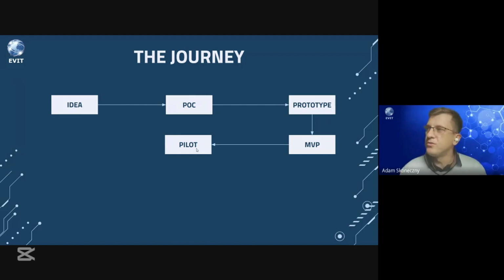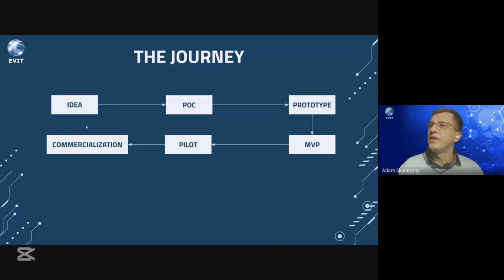Usually, we don't want the first product to be open and available to the market, because many issues might happen along the way: some bugs, some functionalities might not work, or maybe we need to change some functionalities. Then when we run the pilot and fix the product, we have commercialization. That means we release the product to the client, start charging money, and it's public.